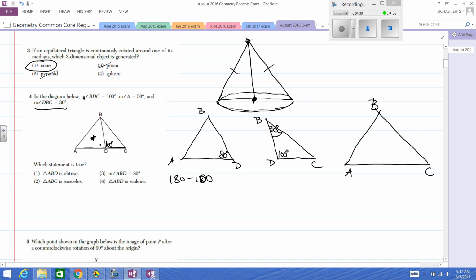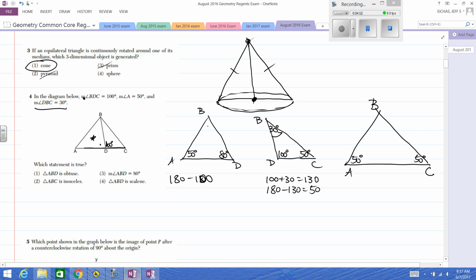Here we go, that's 100 plus 30, and 180 minus 130 is 50. So we got a 50 there, and angle A is 50.